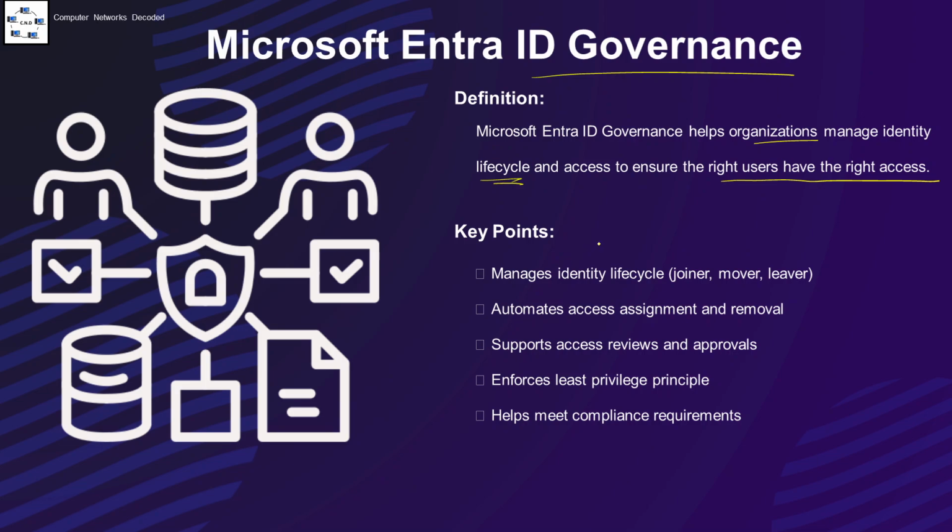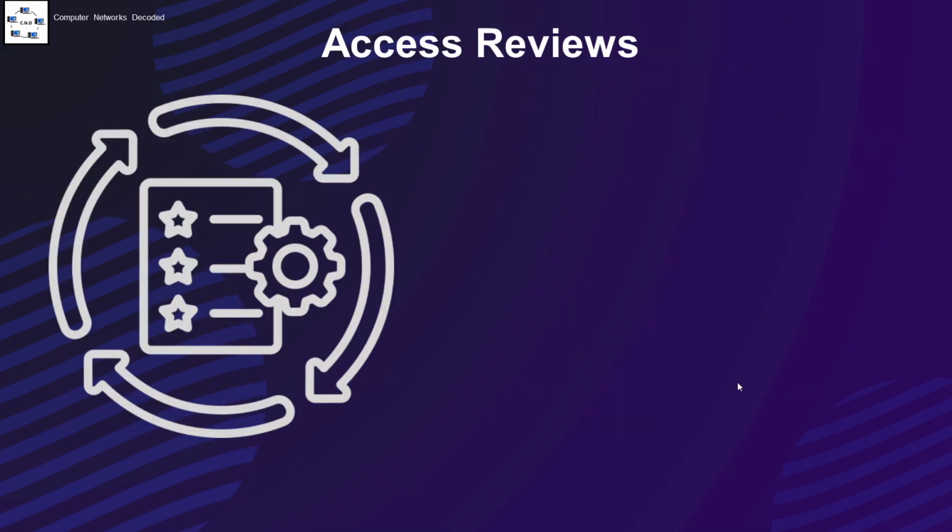Key points in Microsoft Entra ID governance are that it manages the identity lifecycle, that is joiner, mover or leaver. It automates access assignments and removal. It supports access reviews and approvals, and it enforces the least privilege principle and helps meet compliance requirements of the organizations.